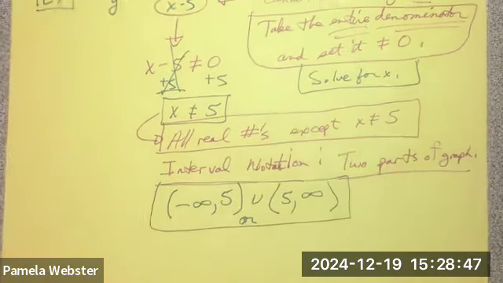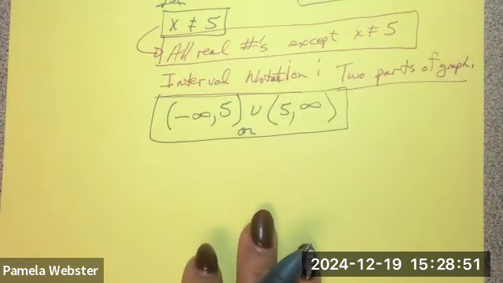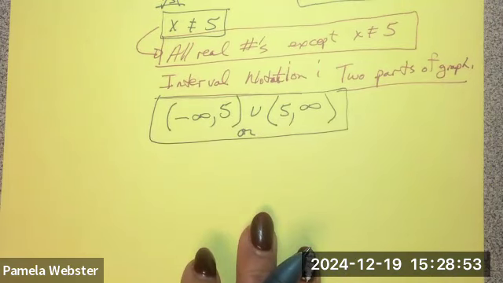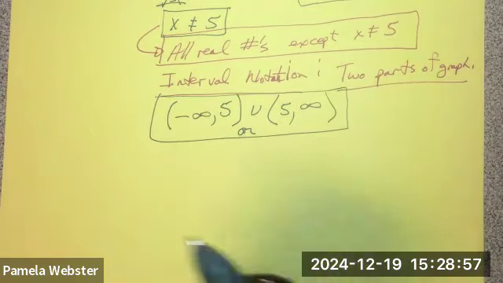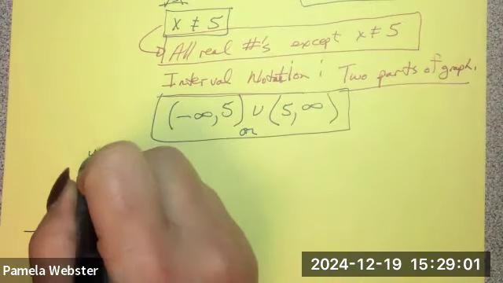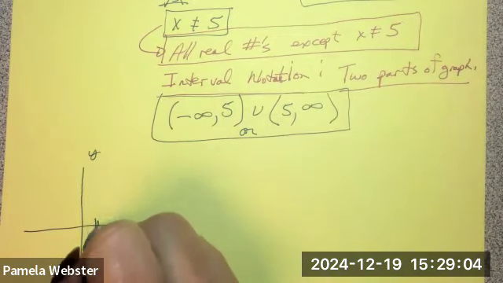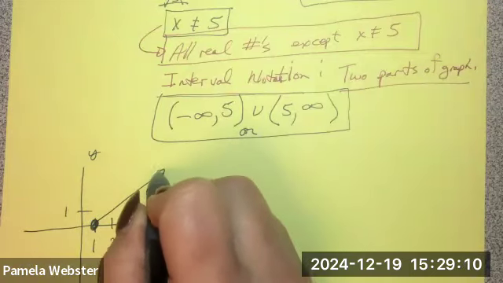All right. And I use parentheses for things that I would not touch. If I had some kind of a weird graph, let me just give you a graph so you can see it. We're just going to say it starts here at 1 and it just shoots that direction.